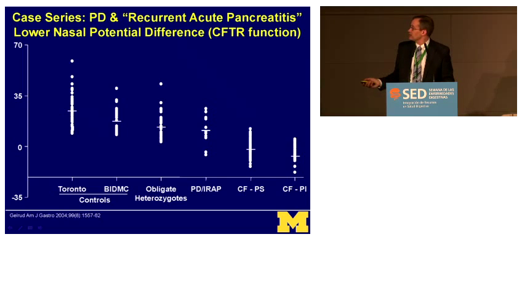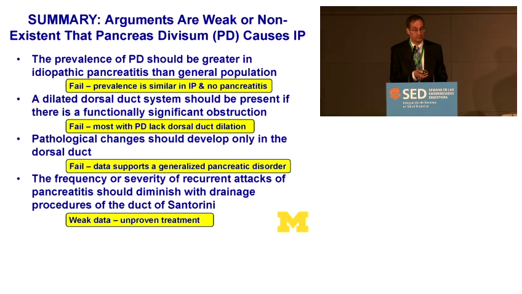Now, the group with pancreas divisum and idiopathic pancreatitis here are intermediate in this group, suggesting that they have aberrant CFTR function as a potential alternate explanation for pancreatitis in this group.